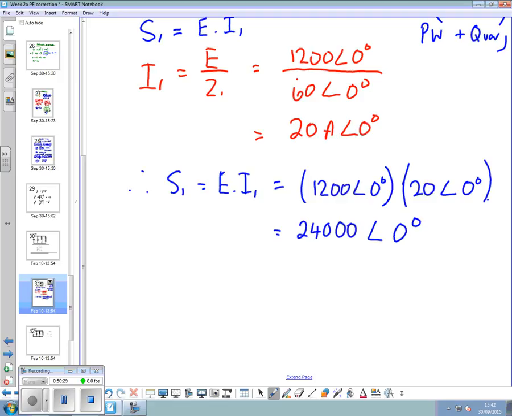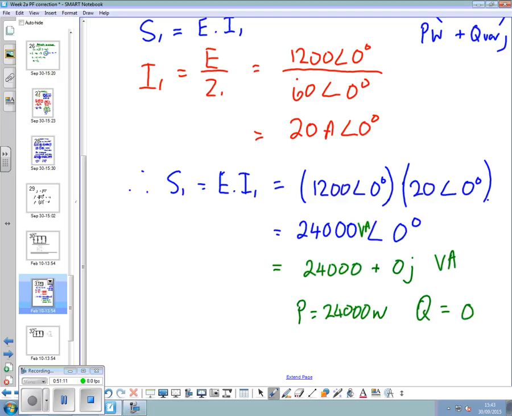Quick question for you. What's that in rectangular form? How could I write that in rectangular form? You just wrote it as 24,000 plus 0J. That's in VA, by the way. Which means P is equal to 24,000 watts, and Q is equal to nothing.